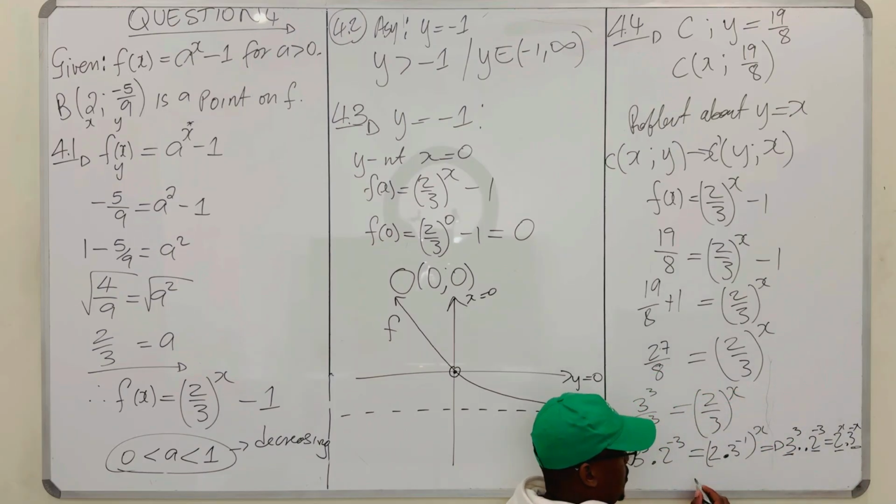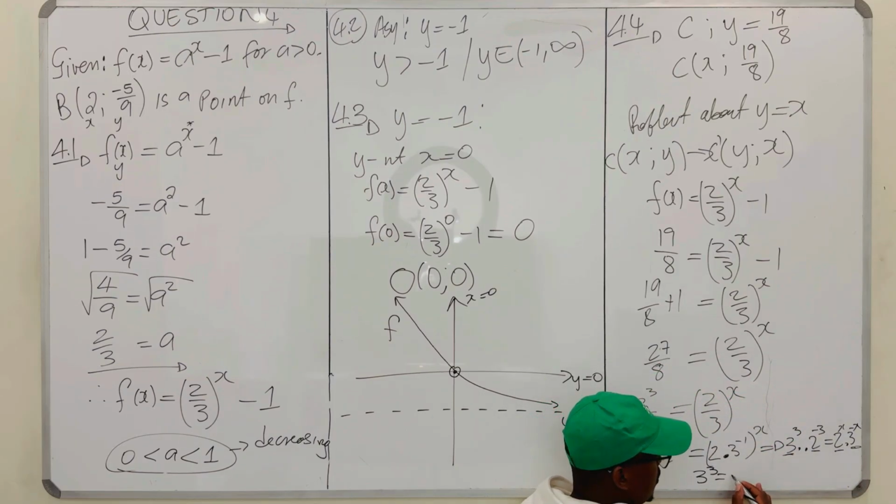Which means your 3^3 is equal to 3^-x, which means that your x is equal to minus 3.